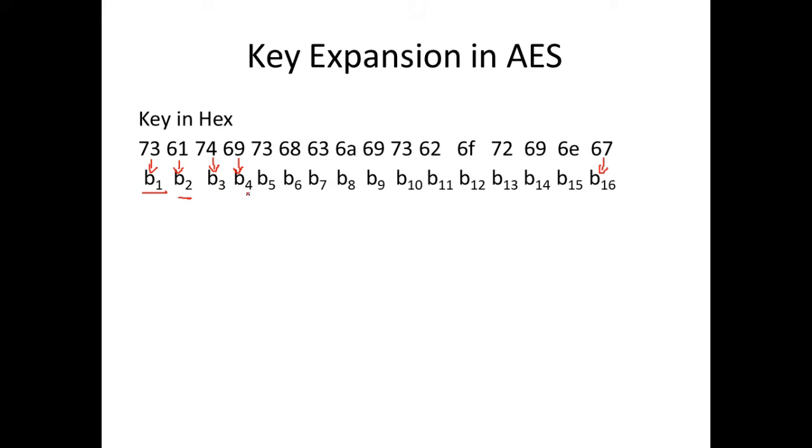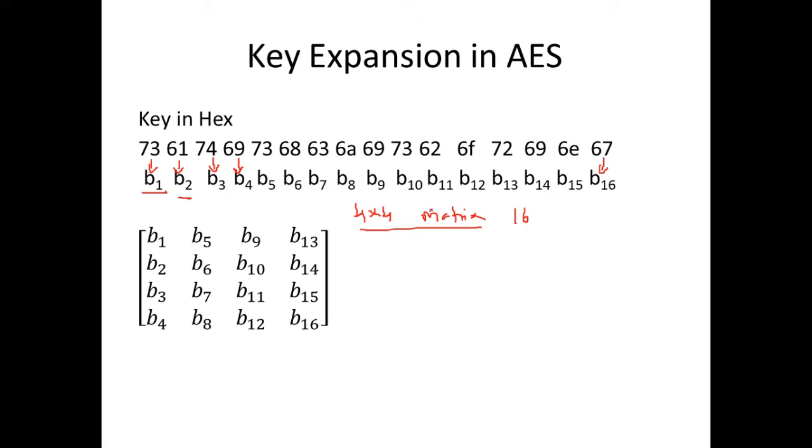Now what we have to do is convert this key into a 4x4 matrix. So how many elements will be there in a 4x4? 16 elements. So how we convert this is the representation of the key as a matrix. So we represent B1, B2, B3, B4, B5, B6, B7, B8, and we complete the matrix.